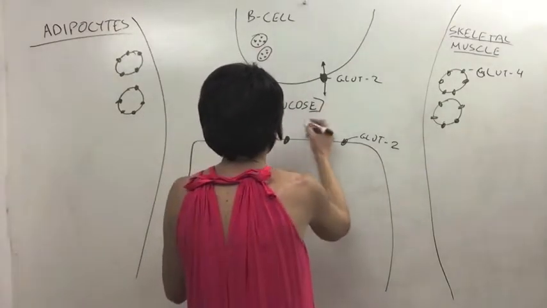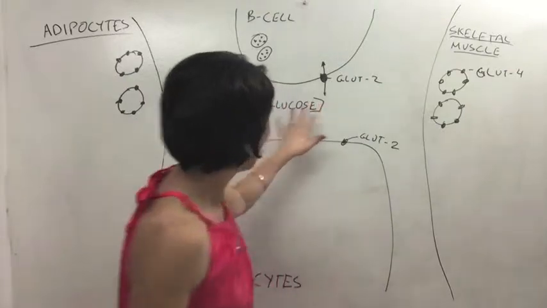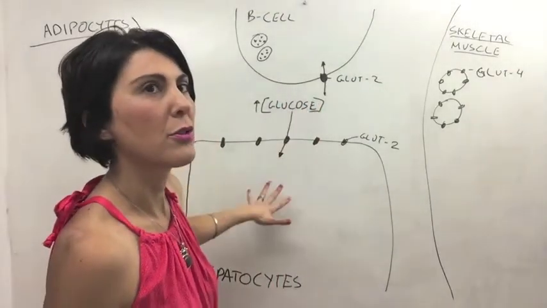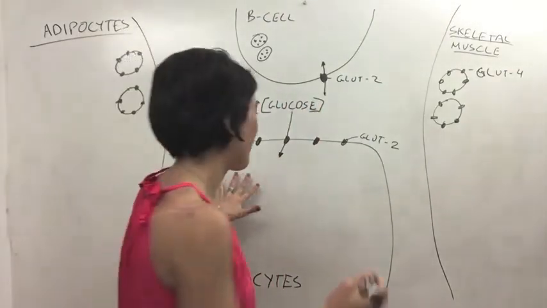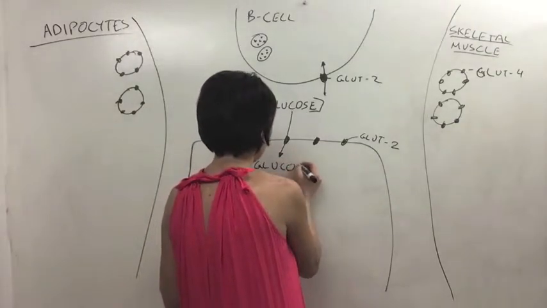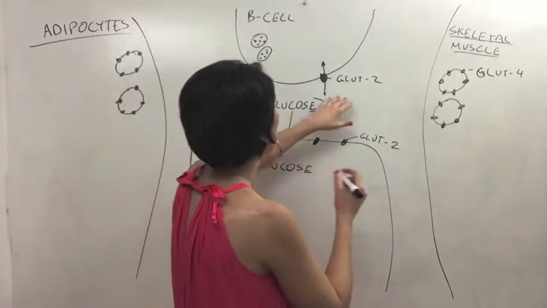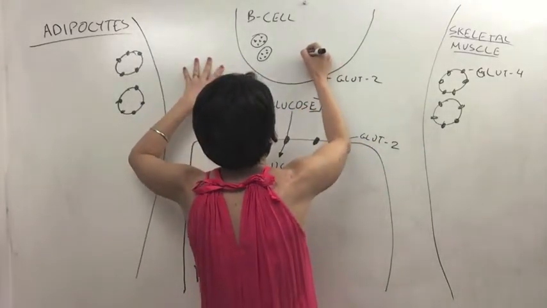It's also going to move into the hepatocytes because you don't require insulin for glucose to move into the hepatocytes. So glucose moves in down its concentration gradient, and it also moves into the beta cells.